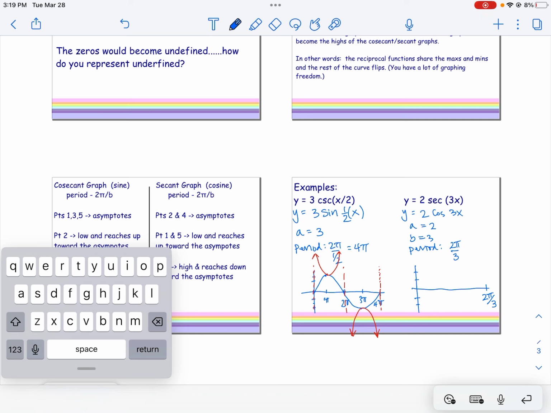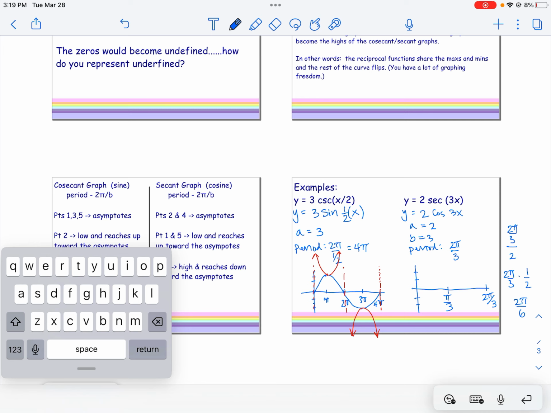I have to do a little bit of math here to figure out halfway between 0 and 2 pi over 3. I could take 2 pi over 3 and divide it by 2, which is the same as multiplying by 1/2, so I would get 2 pi over 6, or just plain old pi over 3. Of course, that makes sense. Halfway between 0 and 2 is 1, so pi over 3.